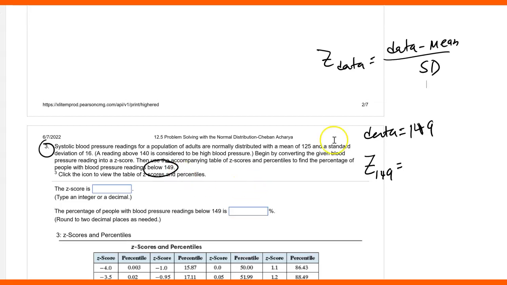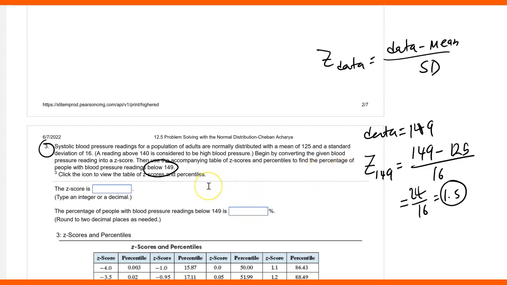To find the z-score for the data, you use the formula 149 minus 125, that's the mean, divided by the standard deviation, which is 16. 149 minus 125 is 24, over 16, which gives 1.5. Therefore the z-score of 149 is 1.5.